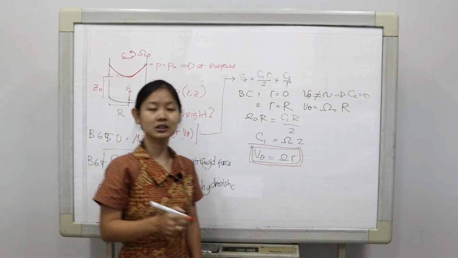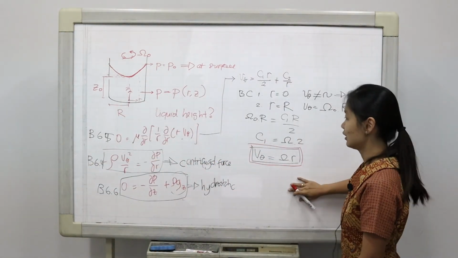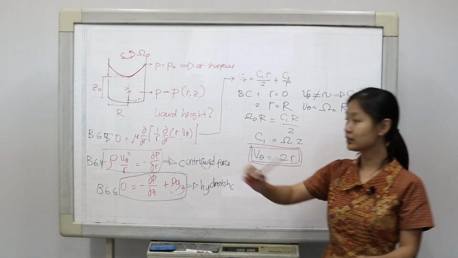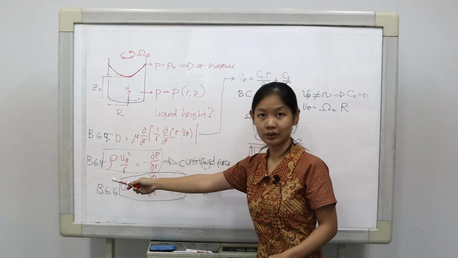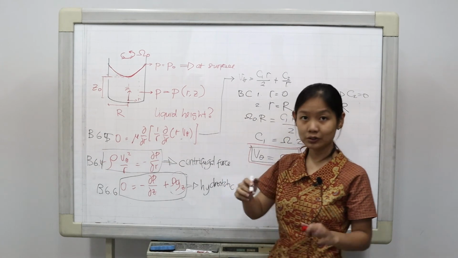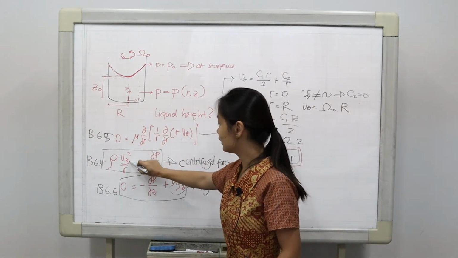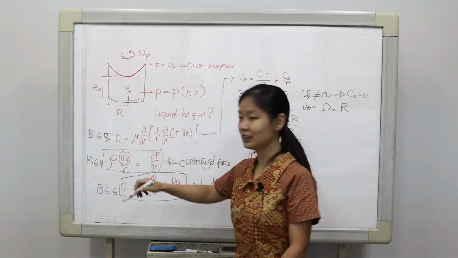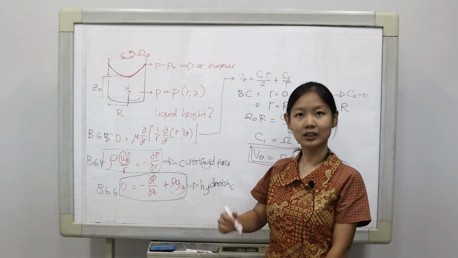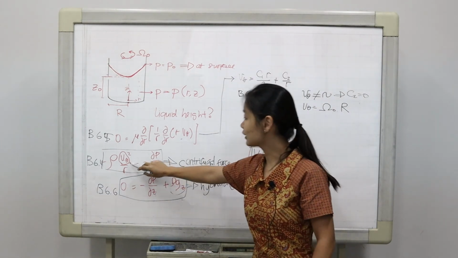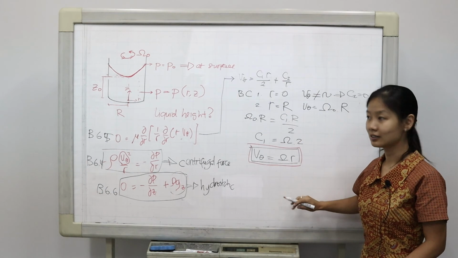This velocity profile will be used to solve the equation from B64. If you notice, we have velocity phi theta over here, so we can substitute the phi theta here with omega r.